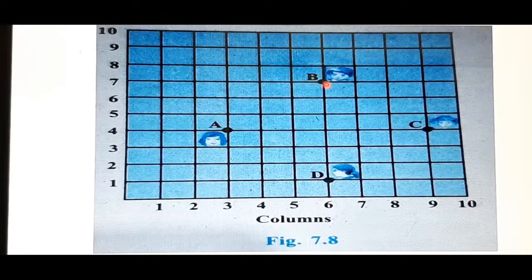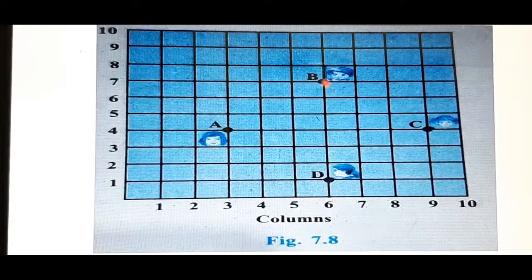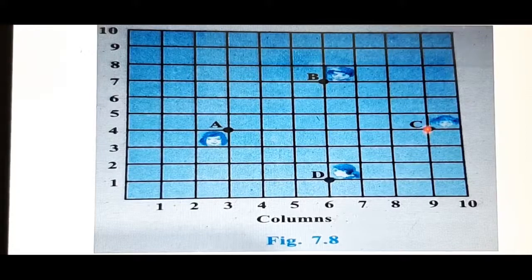B, the same way we will proceed. You have to look on the x axis opposite the point, it is 6. Then on the y axis just opposite you see it is 7. So the coordinates of point B are 6 and 7. The same way for C, we will check straight opposite to C. On the x axis it is 9 and on the y axis it is 4.